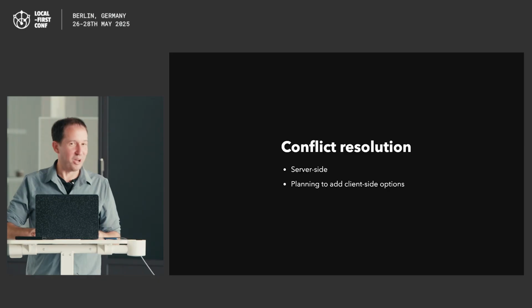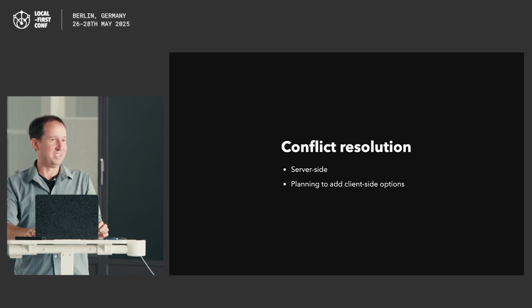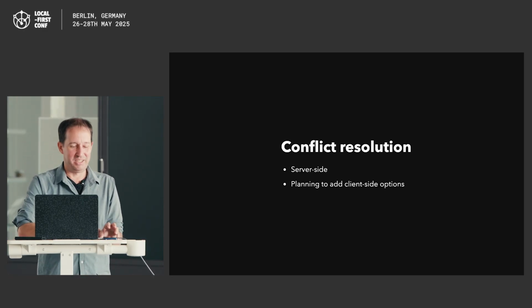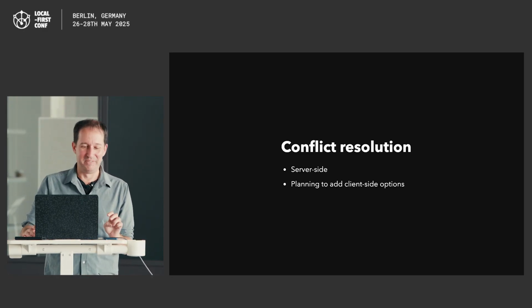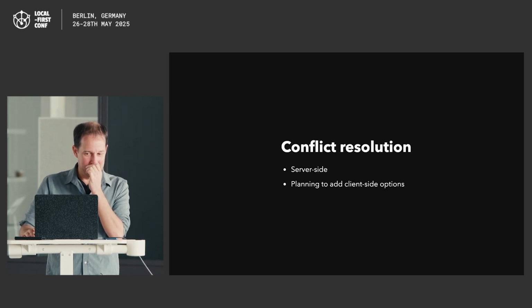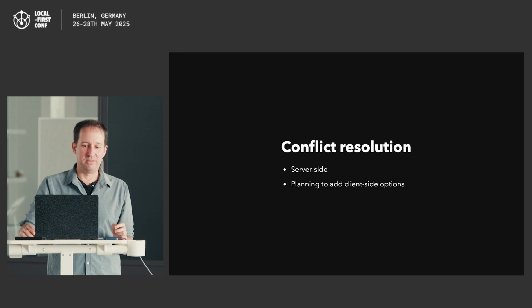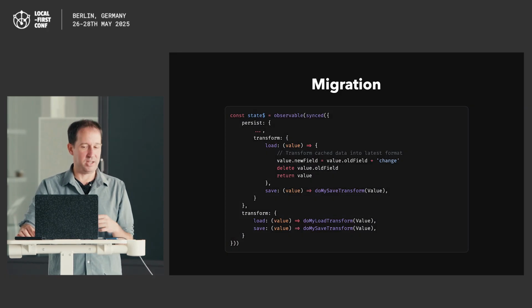Yeah. Other topics, which are not fully solved yet, is the conflict resolution piece. So I think we discussed that a bit already. So the migration, the way that we do that is you can have a transform on both the persistent side and the sync side.